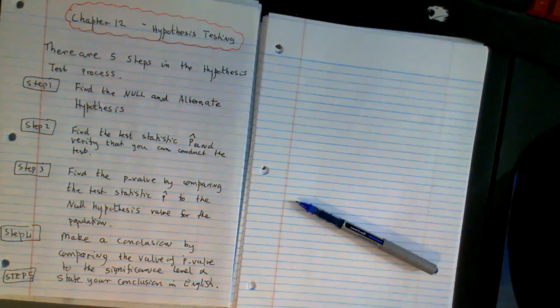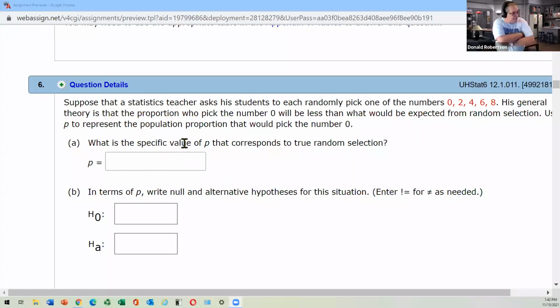Yep. Okay, now I'm going to return back to the homework for a few moments and let's look at some more of those. And after that, we'll be able to move on to step 2, hopefully, provided that we don't lose power. So suppose a statistics teacher, me, asked his students to pick random numbers, and only this time 0, 2, 4, 6, and 8.